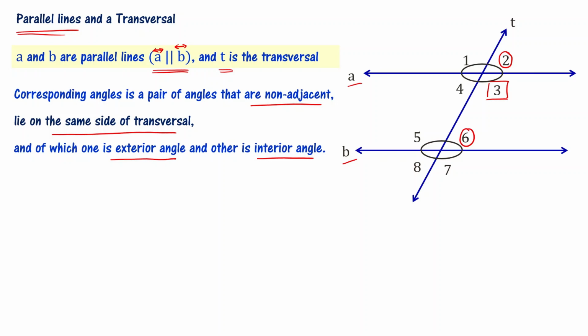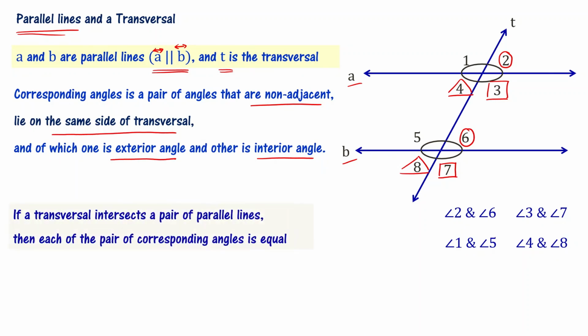Angle 3 and angle 7 is another pair, angle 8 and angle 4 is another pair, and 1 and 5 is the another pair. 2 6, 3 7, 1 5 and 4 8. These are 4 pairs of corresponding angles.